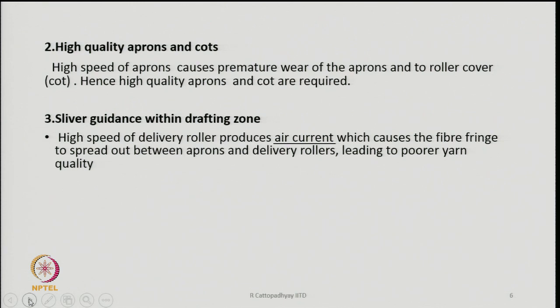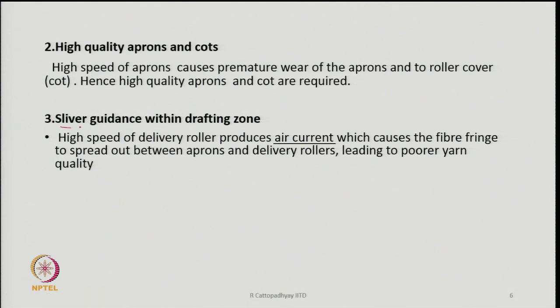With the high speed, the air current gets generated and is powerful enough to disturb the array of fibers which are moving within the drafting zone, and if they are displaced from their original position because of the air turbulence, then it will actually be seen in the yarn in the form of a lot of faults. So, the quality of the yarn will be downgraded.